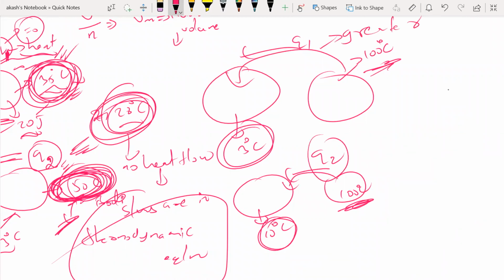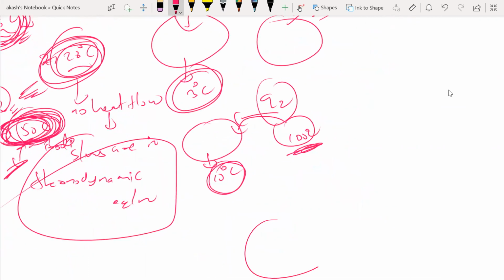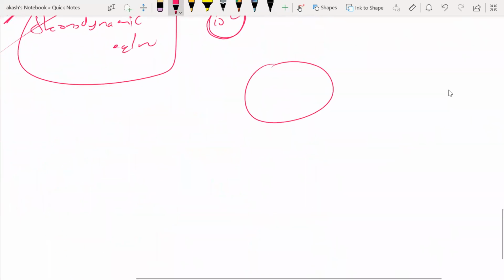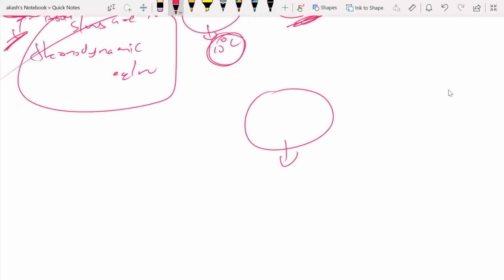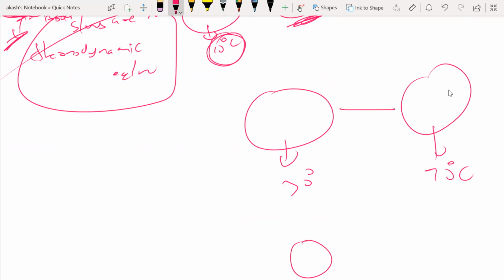Let us take another case. I am going from, I don't know, this at 30 degrees Celsius and this at 70 degrees Celsius. Say this side Q1 is moving.